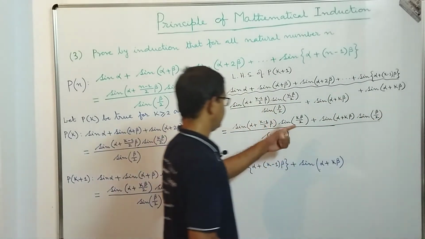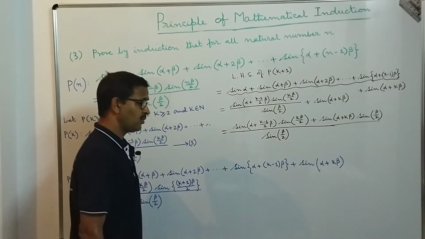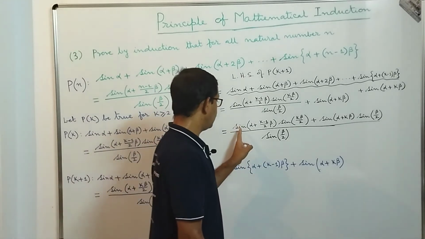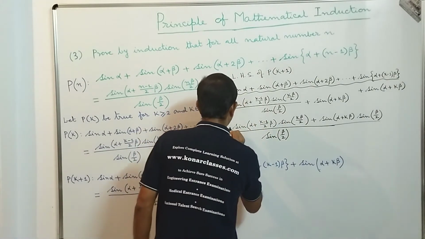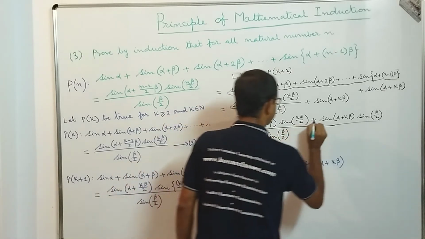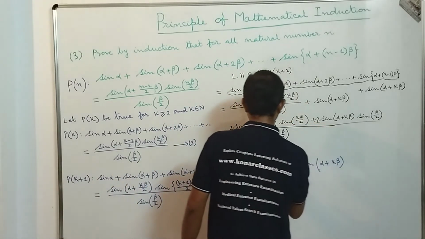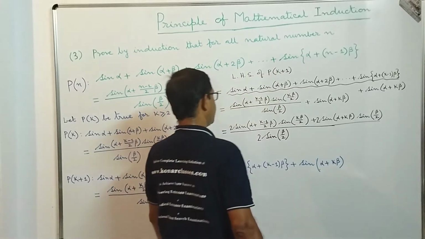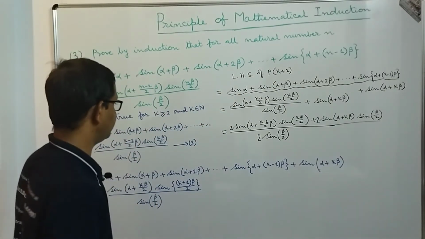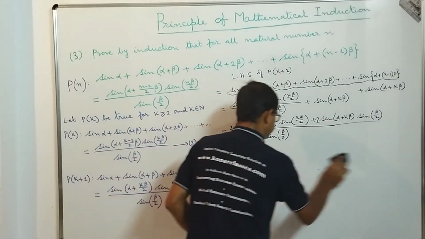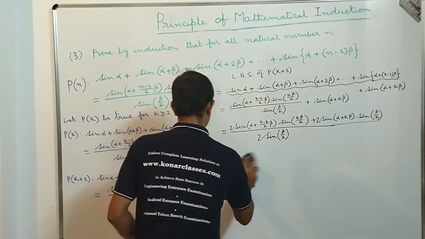Correct? Okay. Now what formula we need to use? 2 sin A sin B. For that we need to multiply both numerator and denominator by 2. So we multiply both numerator and denominator by 2 and let's see what we are going to get dear students.